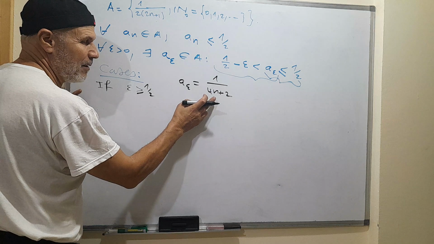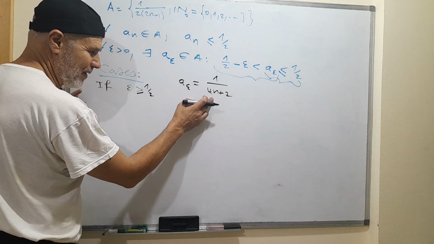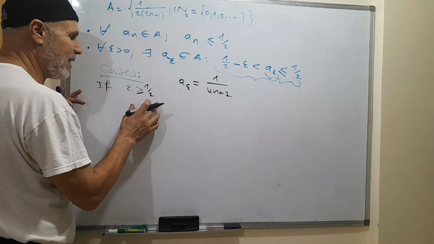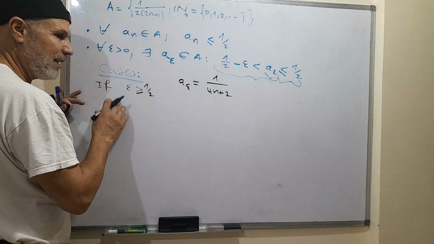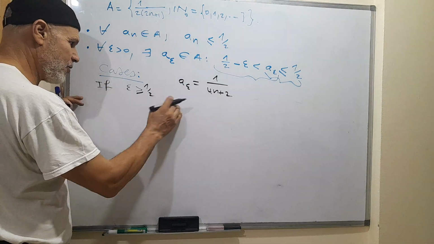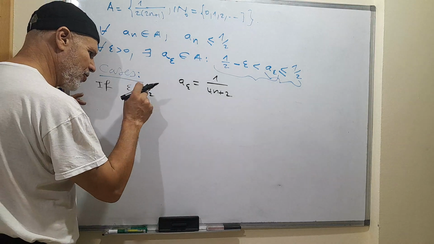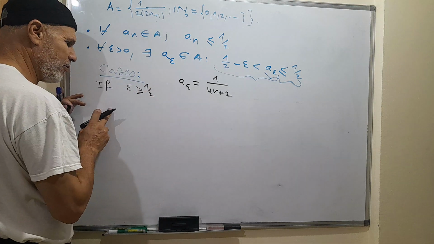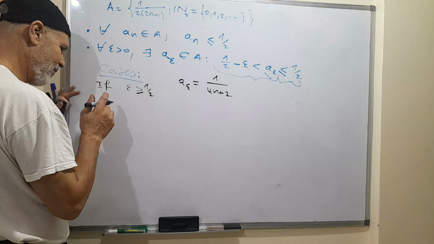Any given strictly positive number is greater than any given negative number. So this is true for all epsilon which is greater than or equal to 1/2.